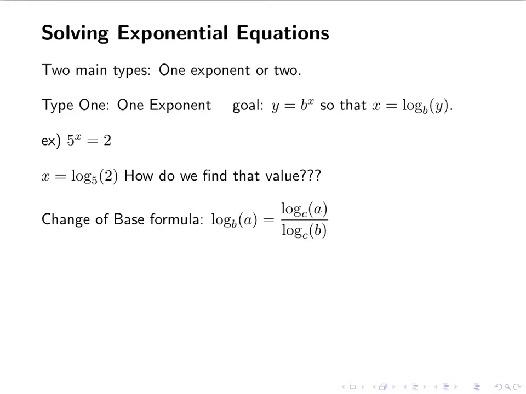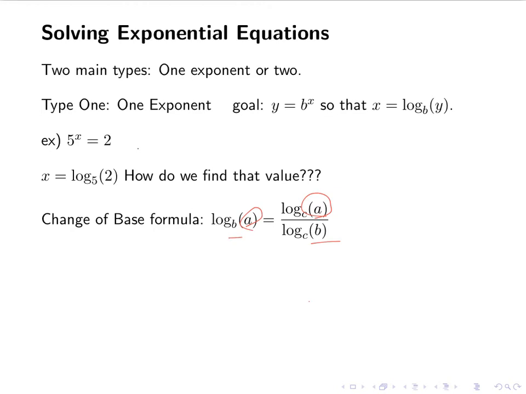So if I have some logarithm, log base b of a, I can change it to any base that I want. In particular, I'm going to change it to base c. And I do that by taking the log of my new base, of my original input, so the a is on top, and then I'm going to divide by log base c of my original base.